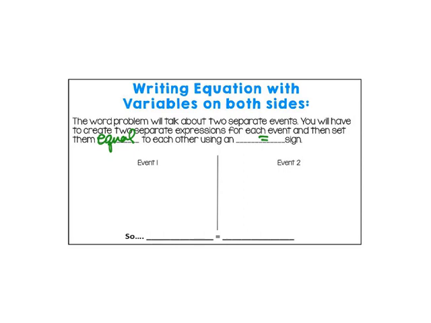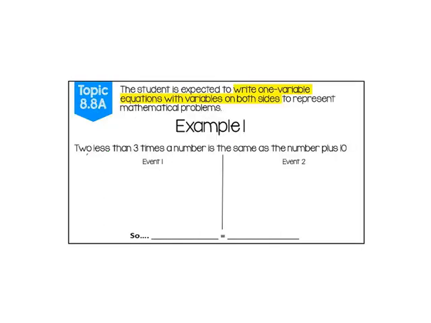All right, so let's move on to example 1 and see how this works. Example number 1 says: 2 less than 3 times a number is the same as the number plus 10. The first thing I like to do, guys, is identify the two separate parts, and I can do that by finding where it says "is the same as."